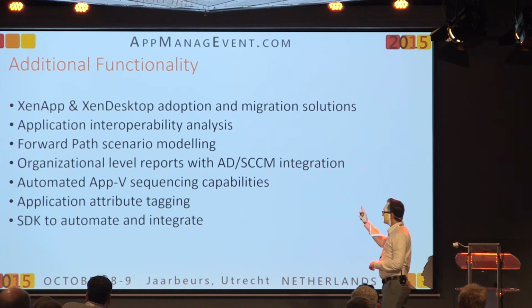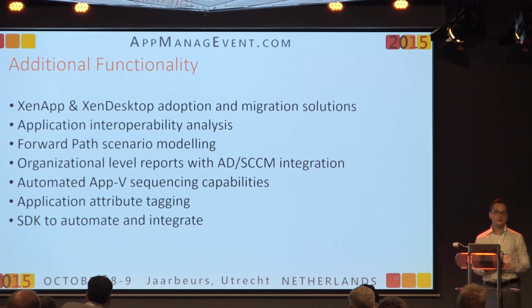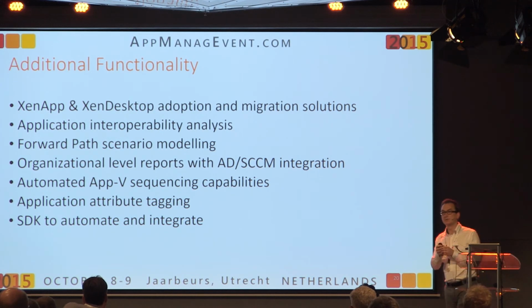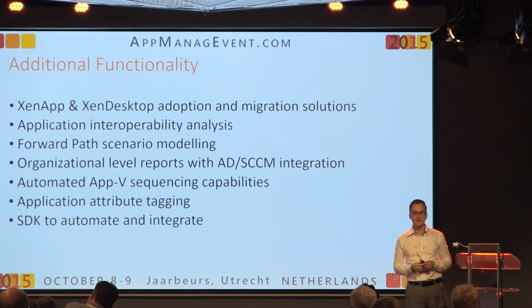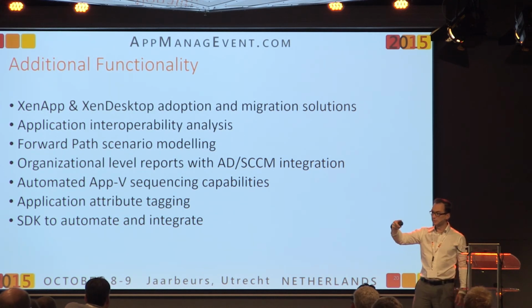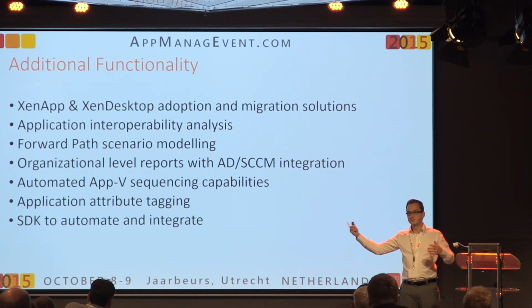Application interoperability I discussed. Forward path is quite an advanced feature. It does require a bit of technical skill, but it will allow you to decide or create decision buckets around applications. So you can say, if the application is green for AppV and green for AppDisks, then I want to use AppV.